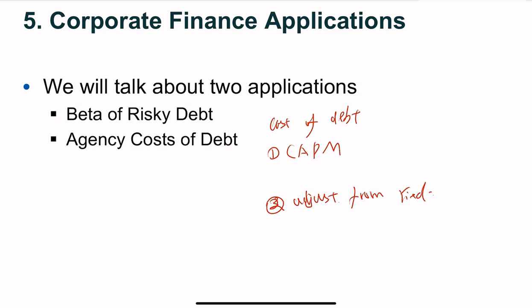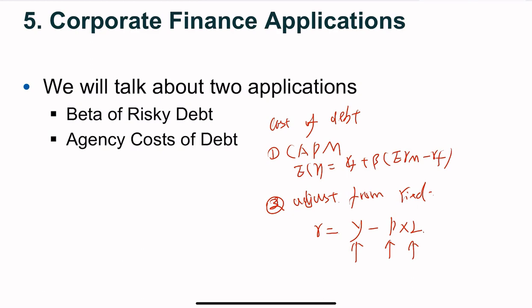In that case, we know that the cost of debt equals Y minus P times L. P is the probability of default, L is the loss rate, Y is the debt yield. And in terms of CAPM, we know that R equals RF plus beta times (E[RM] minus RF).